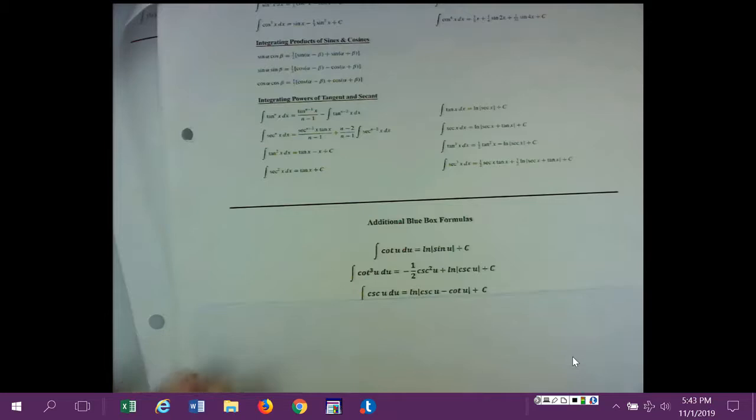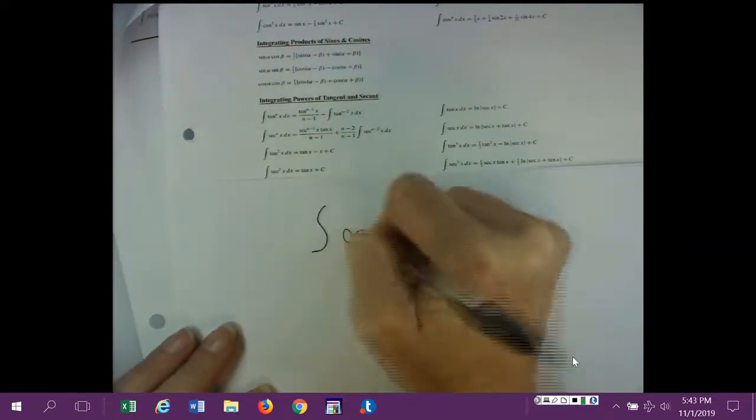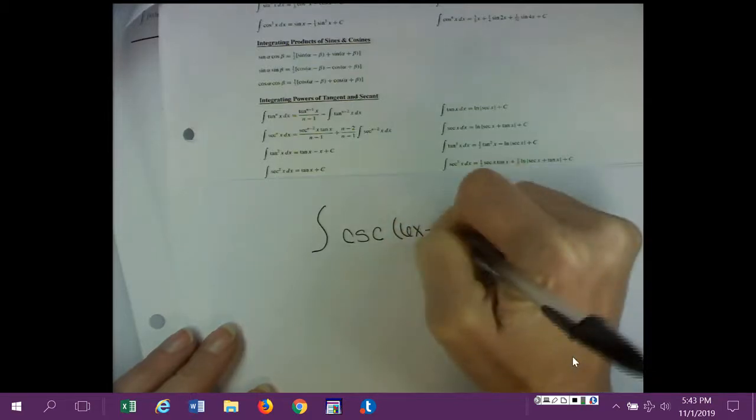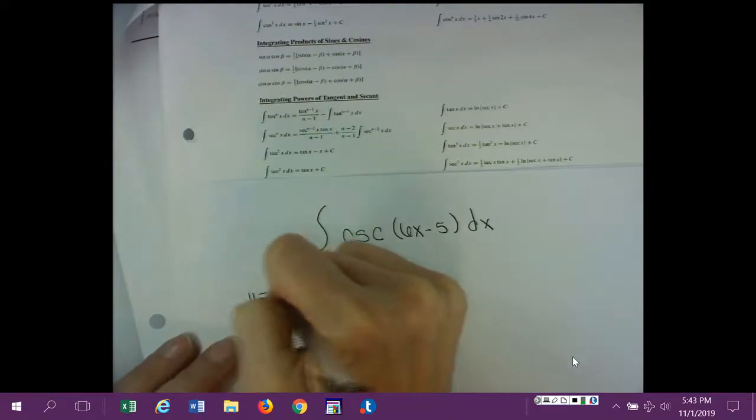Again, what I'm hoping that you'll be able to do on quizzes and tests is to take, for example, the antiderivative of cosecant of 6x minus 5. And then you would let u be 6x minus 5.